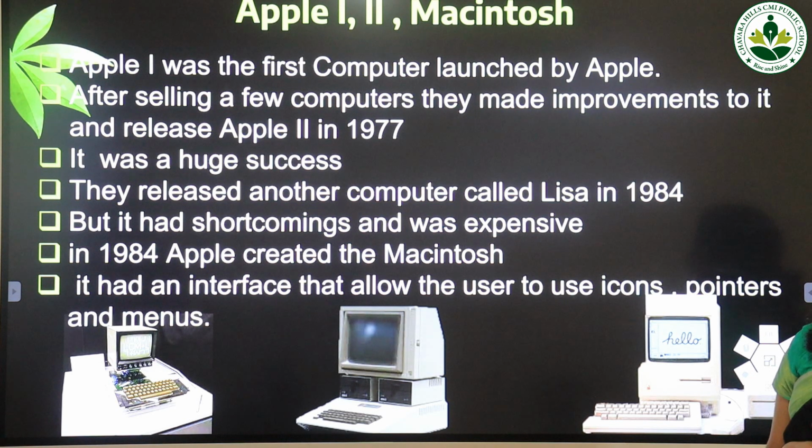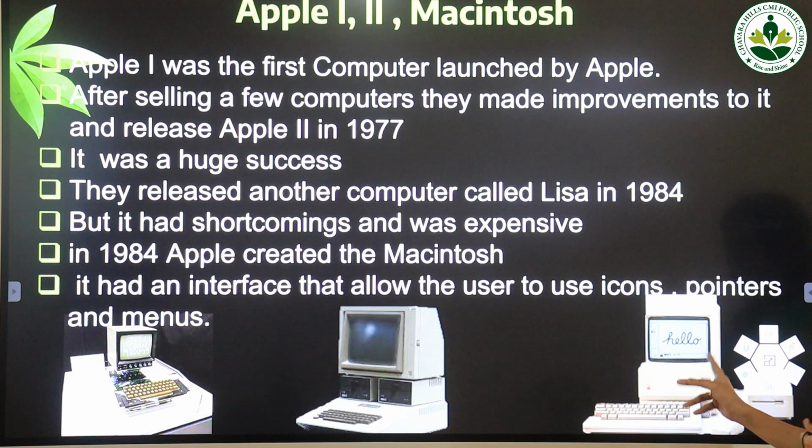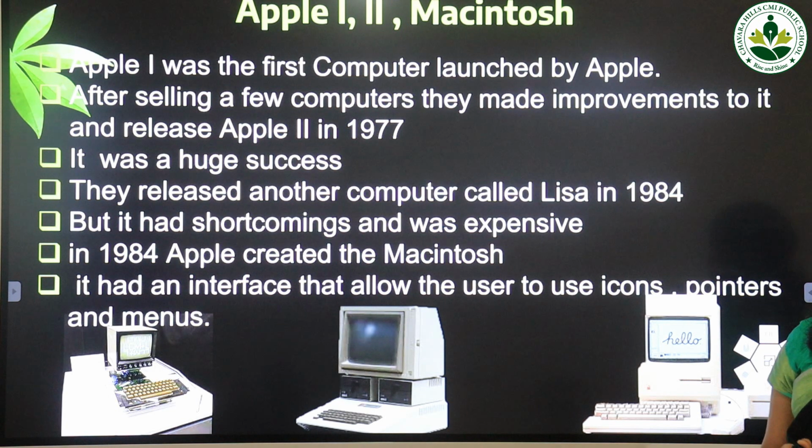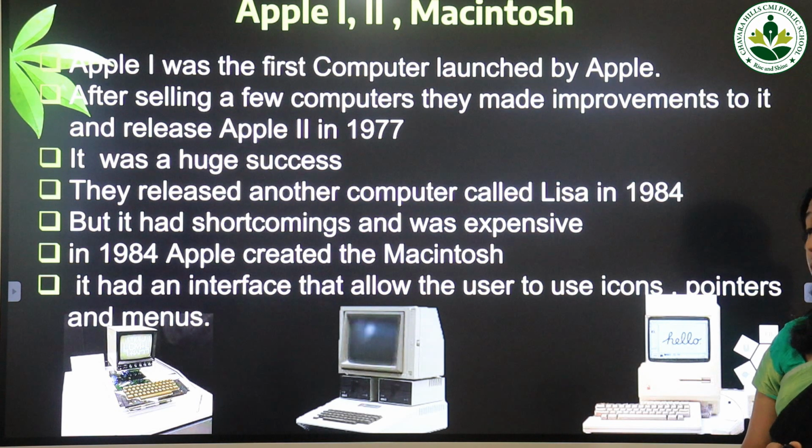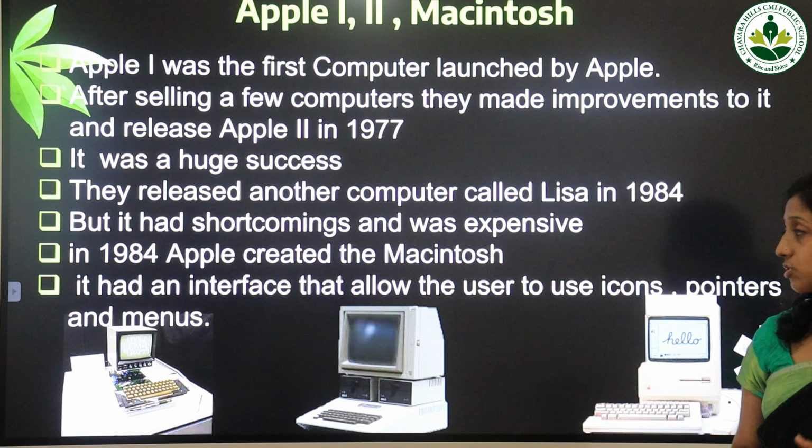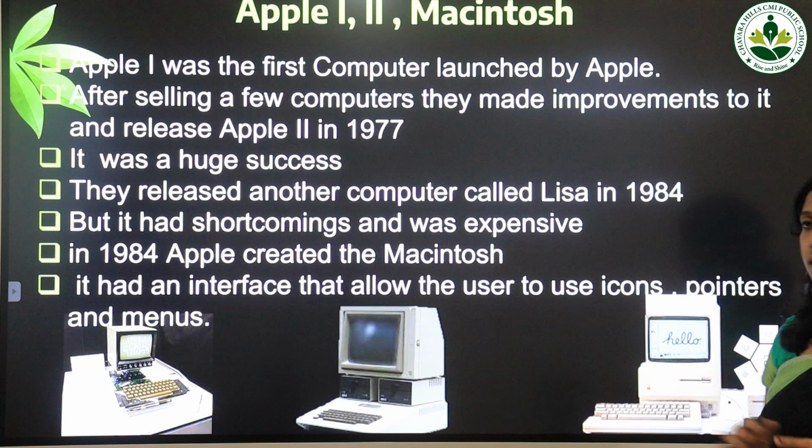Therefore, in 1984, Apple created the Macintosh. The Macintosh had an interface that allowed the user to use icons, pointers and menus.